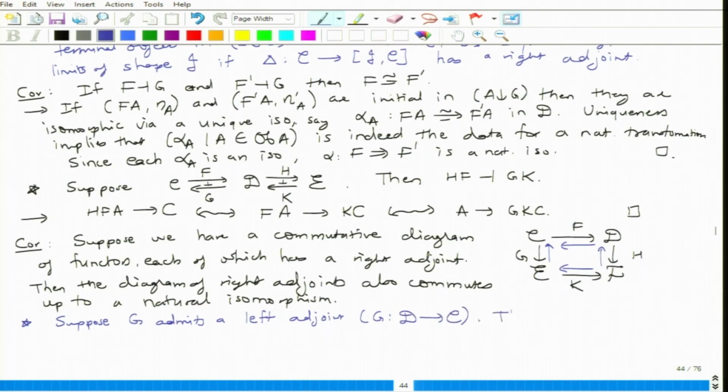Then G preserves any limits that exist in D.